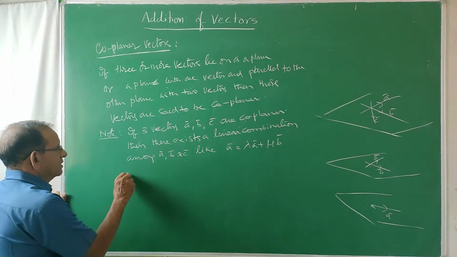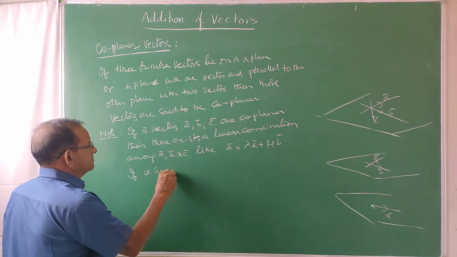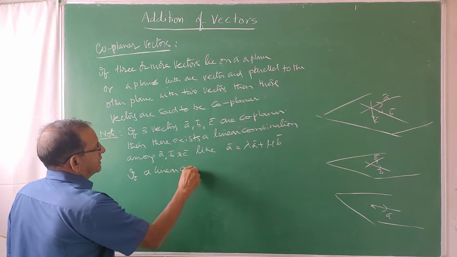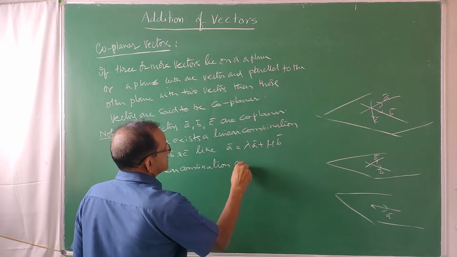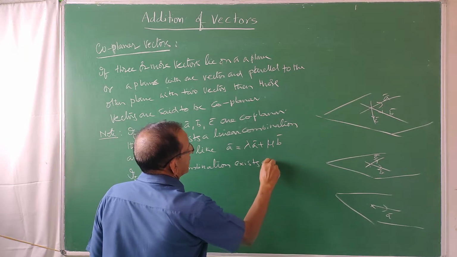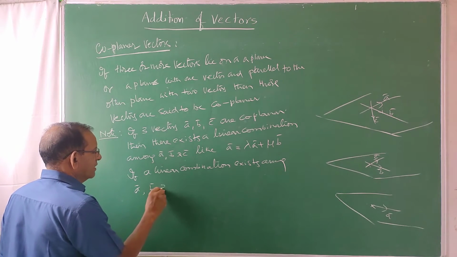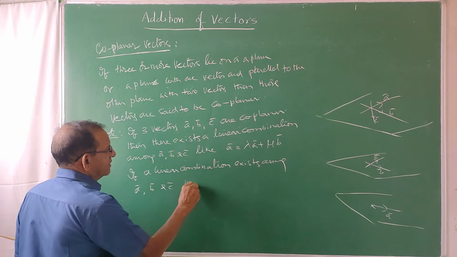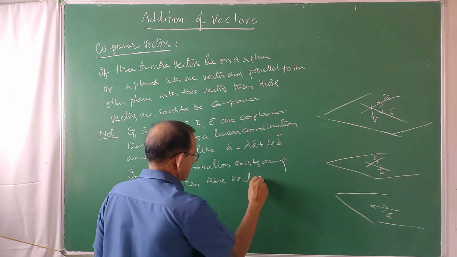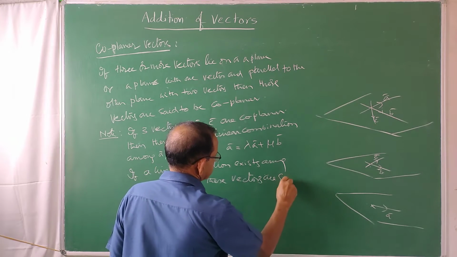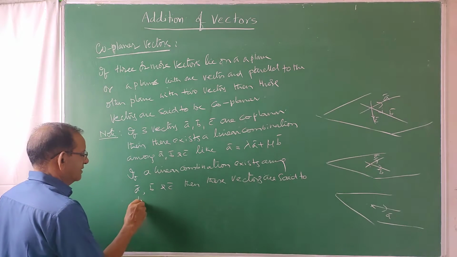Now, if a linear combination exists among a bar, b bar, and c bar, then these vectors are said to be linearly dependent.